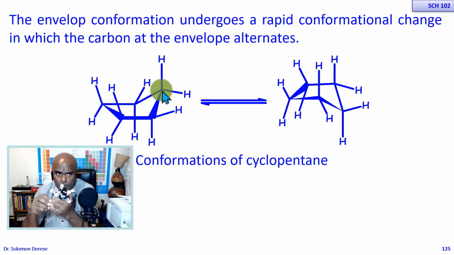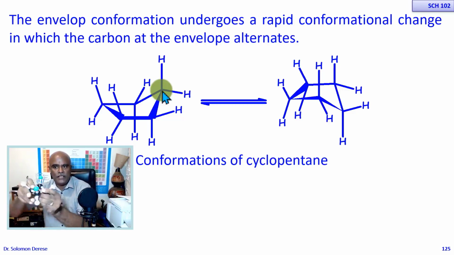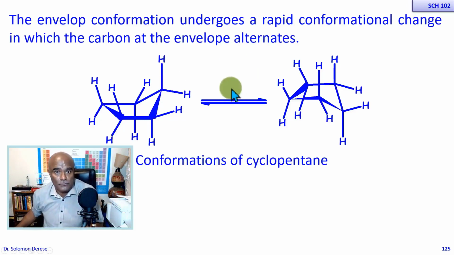So as we have seen, the stable conformers, even for cyclobutane, undergo rapid conformational change, and these conformations are at equilibrium with each other. The same applies to cyclopentane. So now, this is a case where we have all the substituents on the carbon being the same.